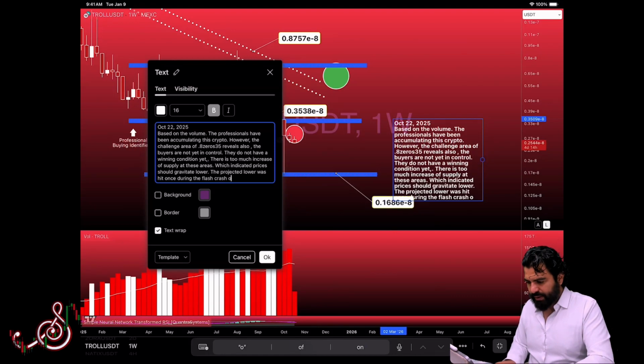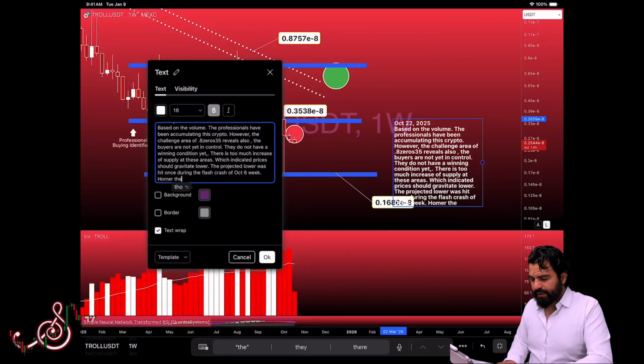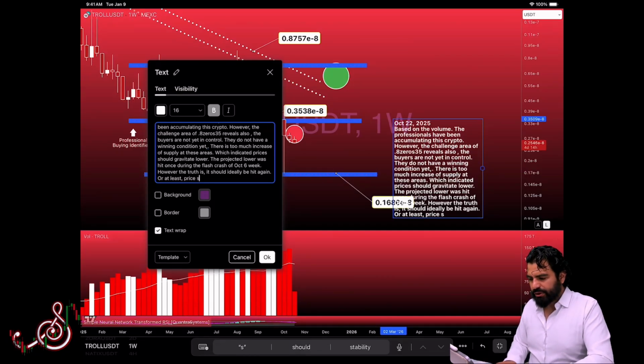October 6th. Of October 6th week. However, the truth is, it should ideally be hit again, or at the very least, price should gravitate lower.